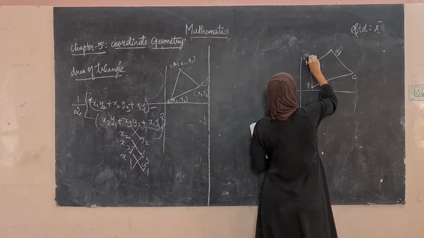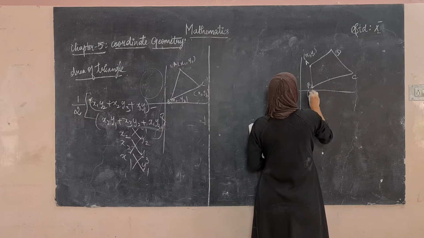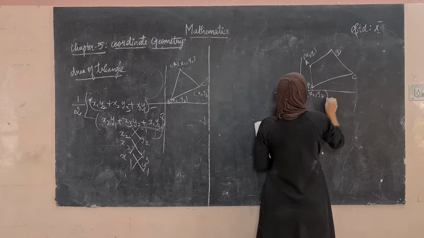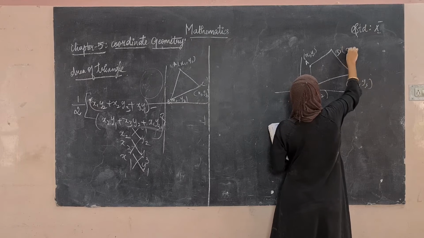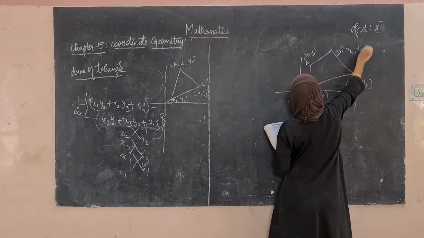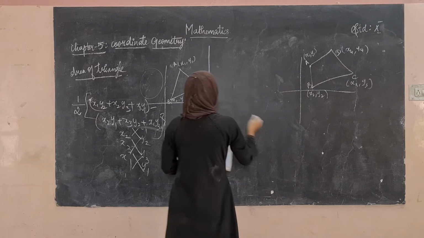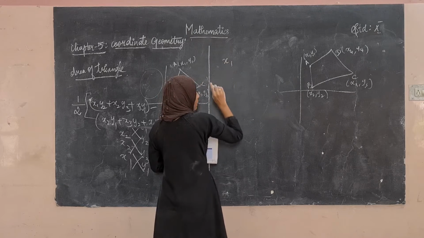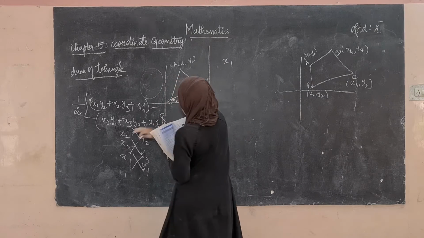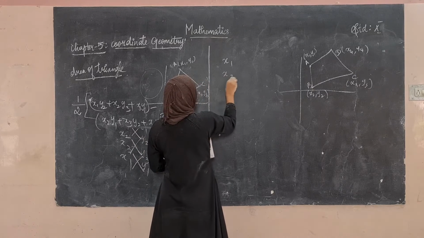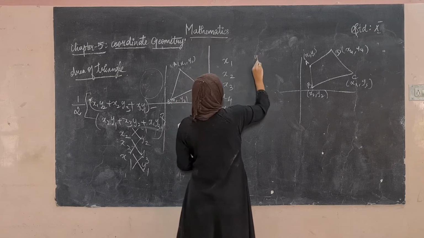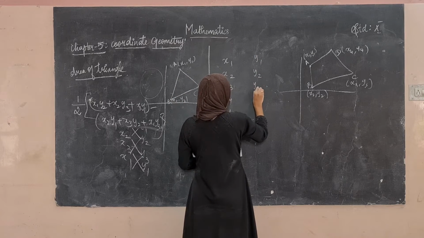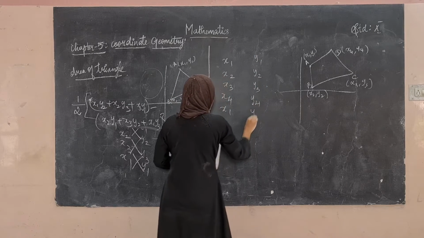Let this be x1 comma y1, this x2 comma y2, this x3 comma y3 and this point x4 comma y4. You have to find the area of the quadrilateral in the same method. See here: x1, x2, x3, x4 and again x1; y1, y2, y3, y4 and again y1.